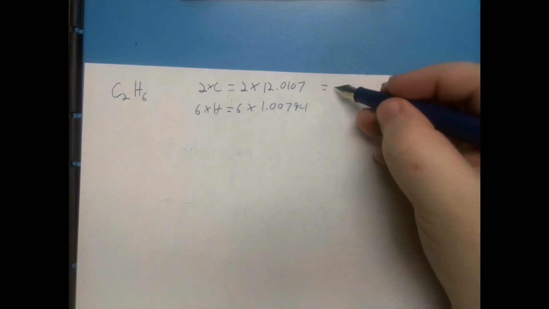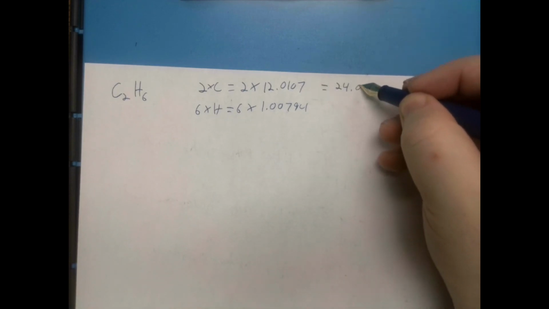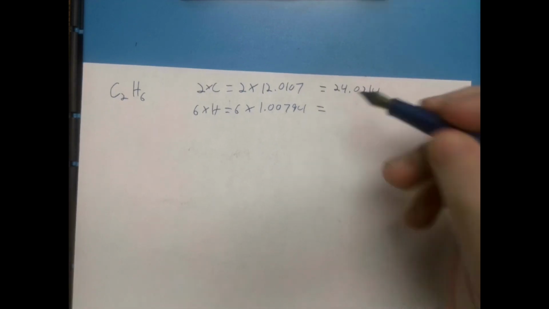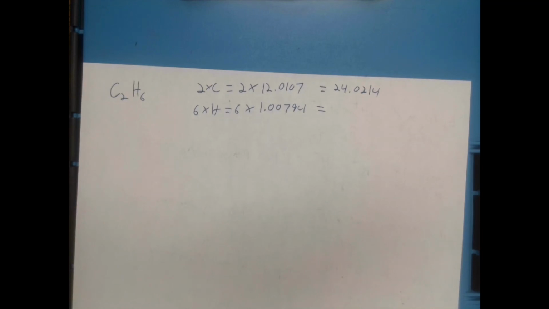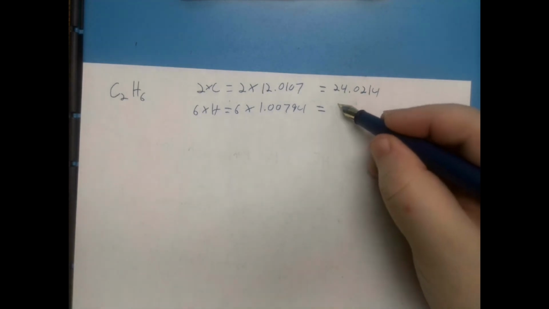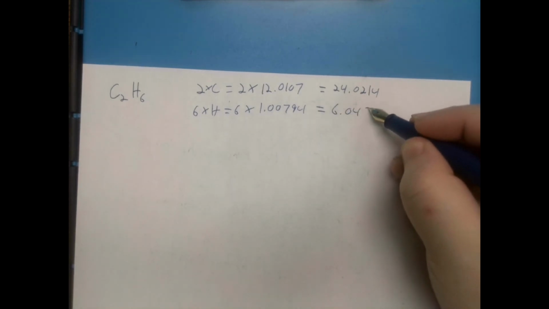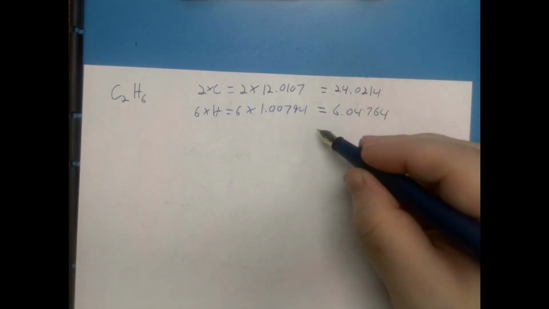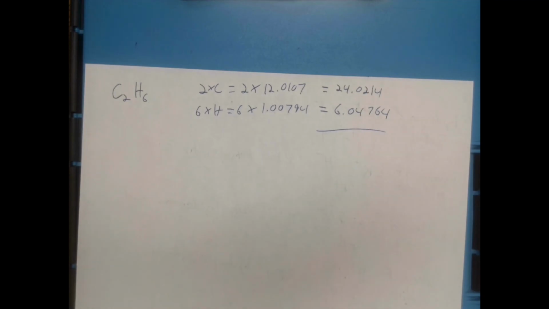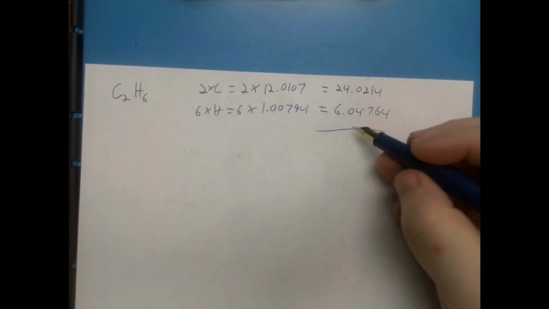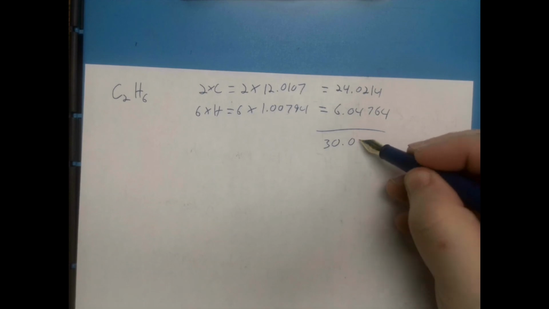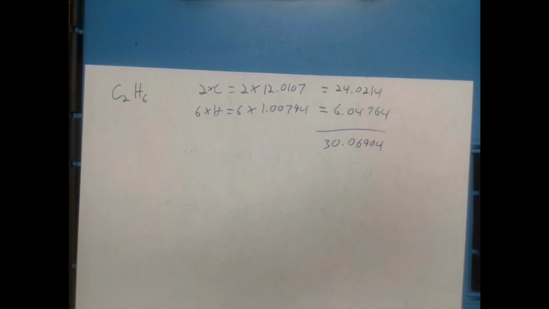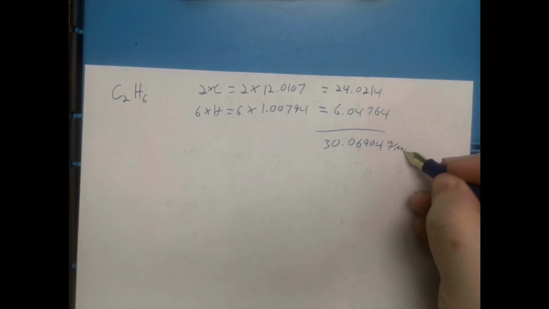Write the partial sums next to it. And then when we add them up, we get a total of 30.06904. This will be grams per mole for all of them.